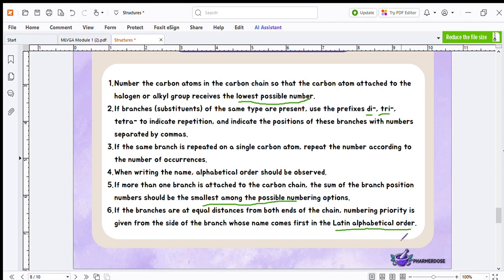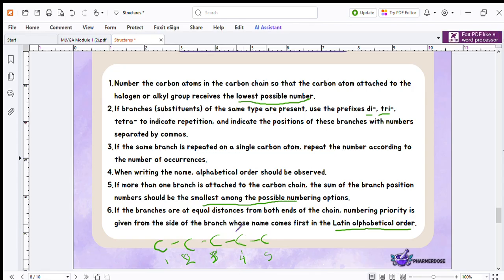Magbigay lang tayo ng example. Halimbawa, mayroon tayong carbons dito. So ito ay 1, 2, 3. Idagdag pa natin, then, ito ay 4, 5. So, lima po ang carbon natin. Then, sabi nga, equal distances.